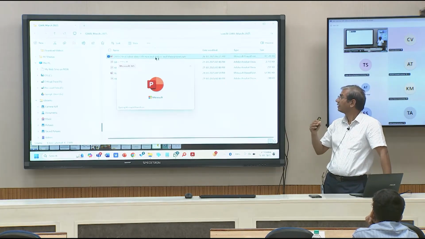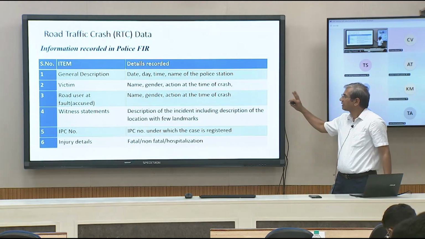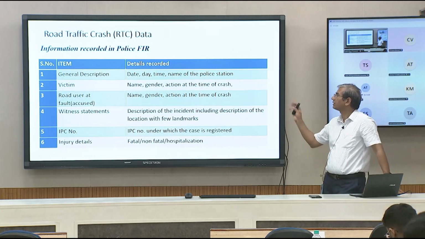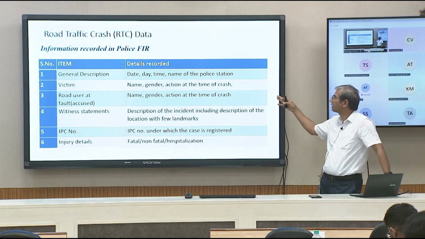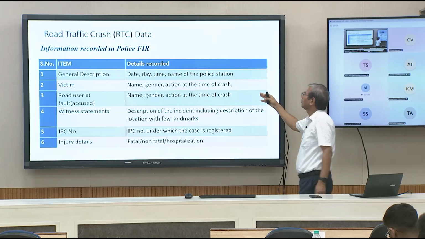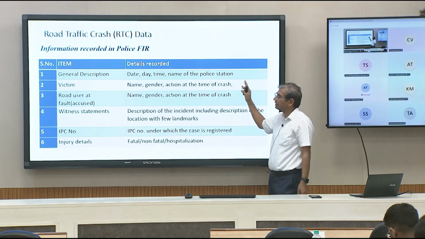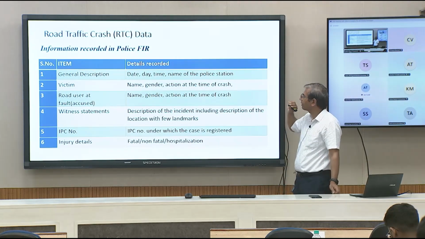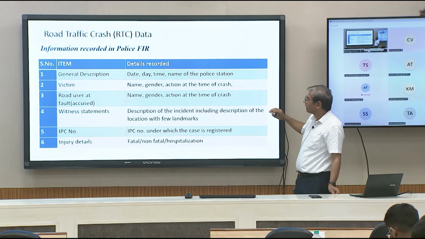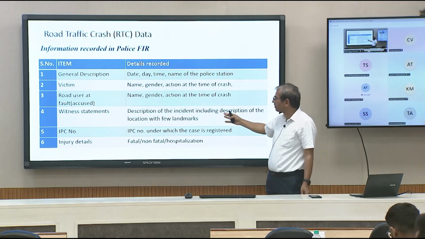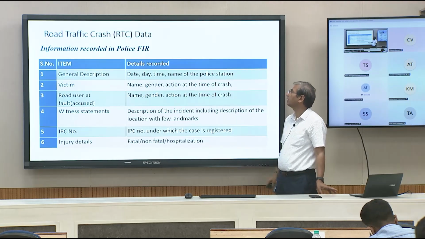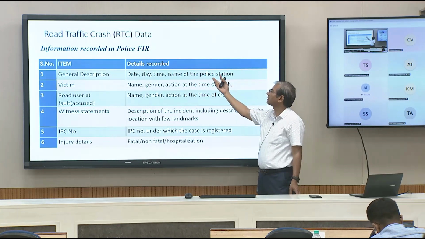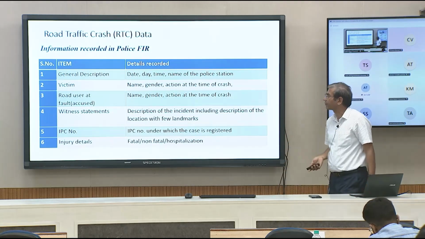So these were some of the basic things generally reported in an FIR. You have the victim's name, gender, all those things, very accurate and in detail, because this is required for all kinds of legal actions. Maybe witness description will be there, but actual accident details will be missing, only these kinds of things you can get.